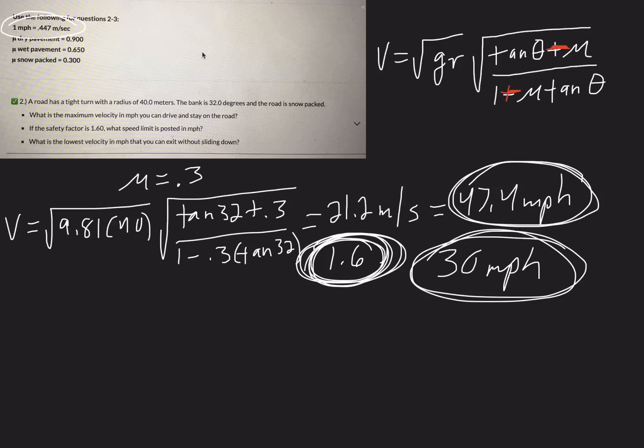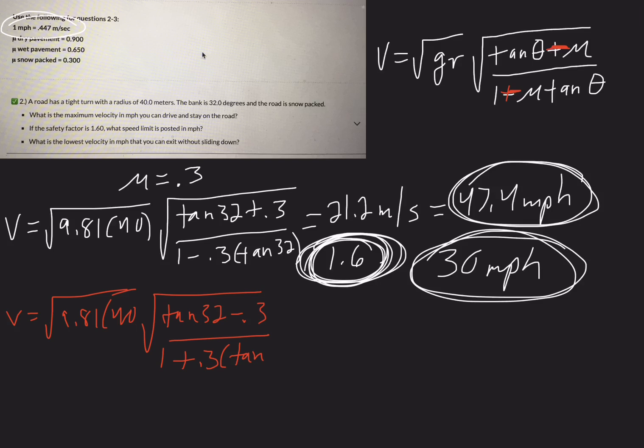Okay, so your velocity is going to equal the square root of 9.81 times 40, square root of tangent 32 minus 0.3 all over 1 plus 0.3 times the tangent of 32.